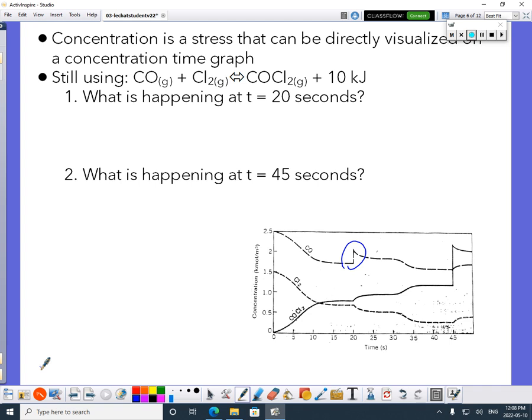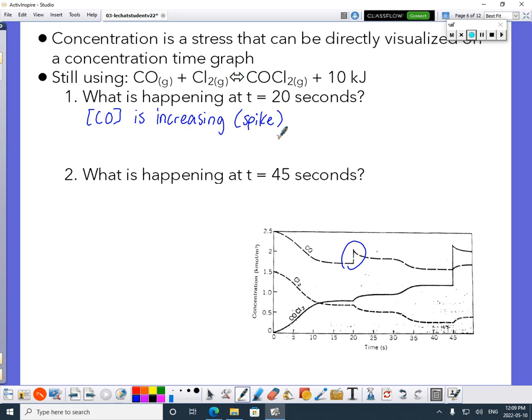It's like a normal graph. Up is increase in the Y.